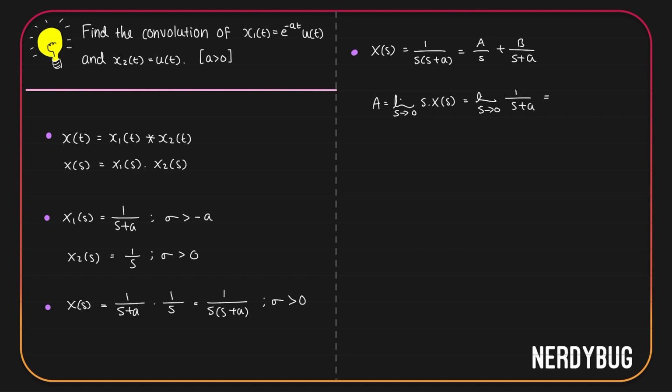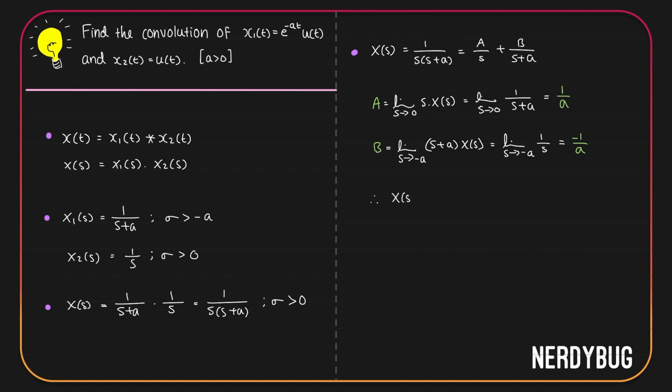And this will be equal to 1 by (0 plus a), or 1 by a. The same way, B is going to be limit s tends to the pole corresponding to B, which is minus a, of (s plus a) multiplied by X of s. That is limit s tends to minus a, 1 by s, or minus 1 by a. So A is 1 by a and B is minus 1 by a.